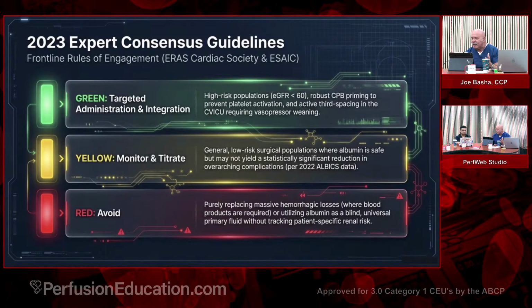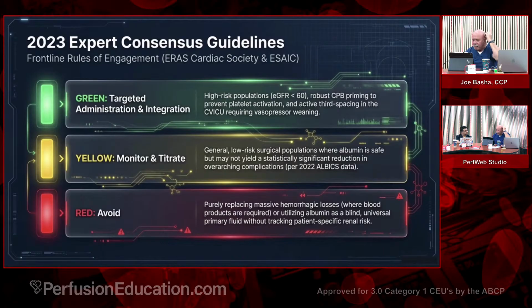Now, I'm not going to give it if it's already 4.5. But I'm going to give it if it's still bordering around 3 to 3.5, because I know it's only going to go down later. So I'm going to go ahead and give them two liters, to give them the best platform, the best underlying physiology for their transition to the CVICU.